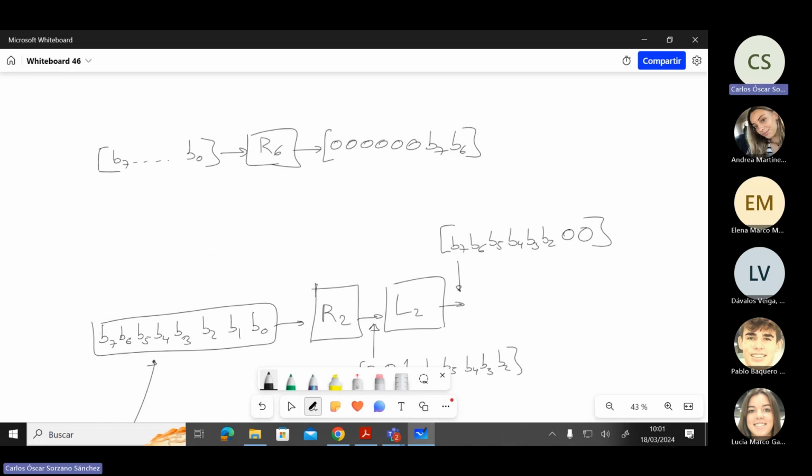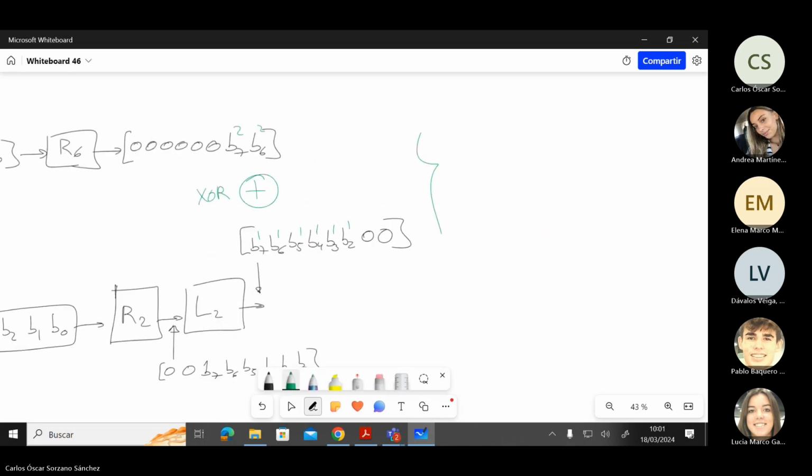And now we have this. These were coming from image 1, these were coming from image 2. Then you do the XOR between the 2. We have 7, 6, 5, 4, 3, 2. Now we need 1. Then we have B7, B6, normally.